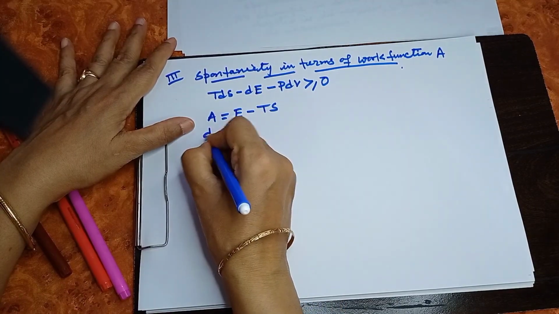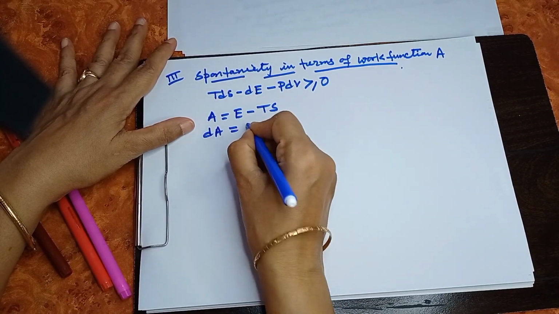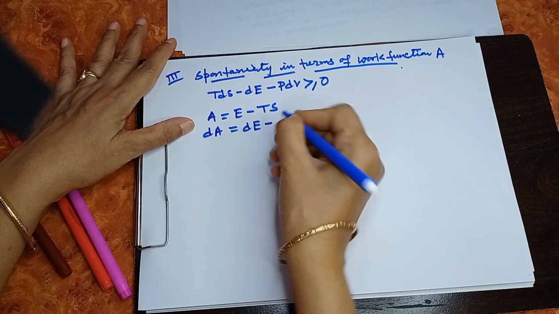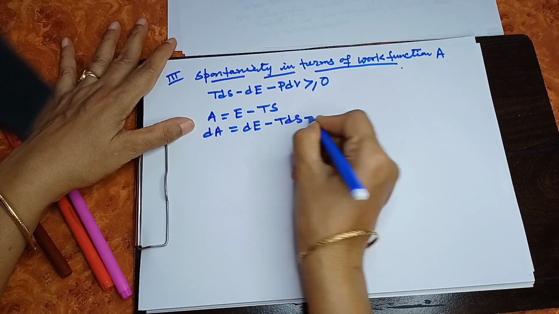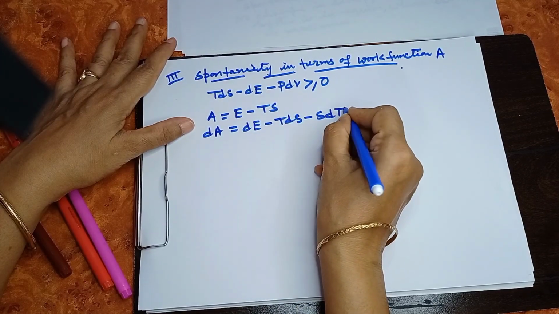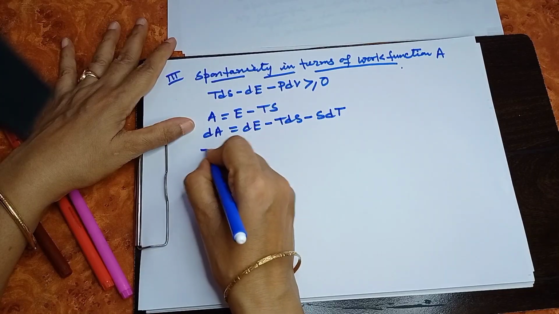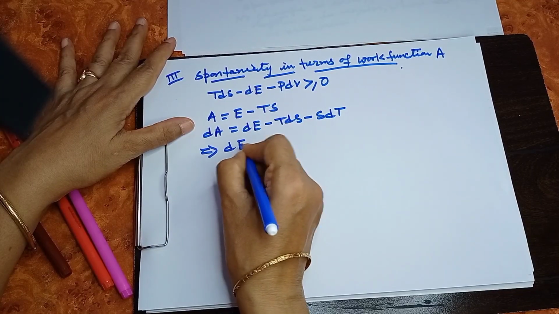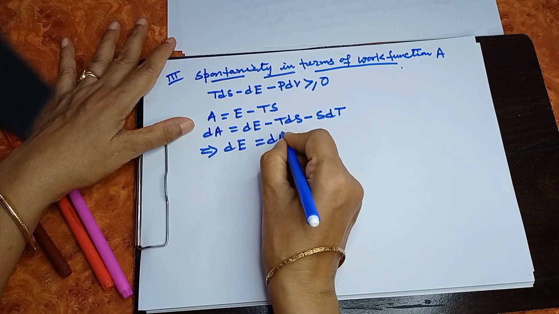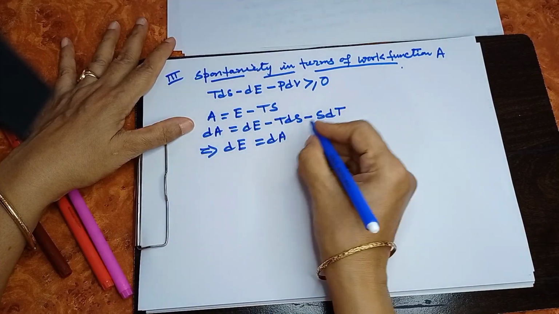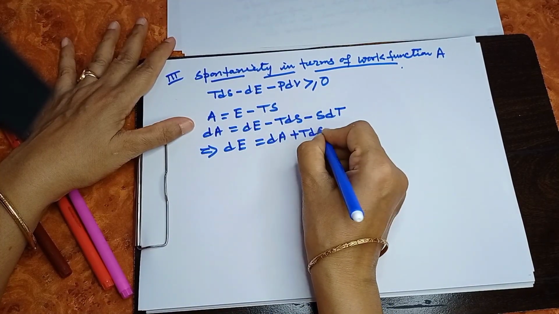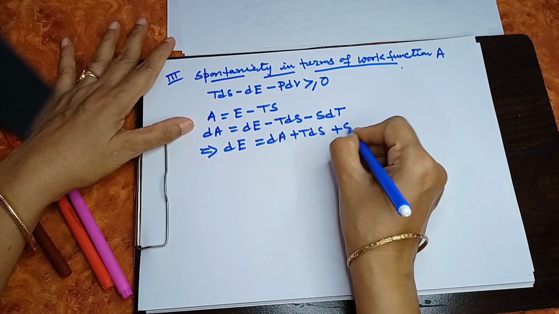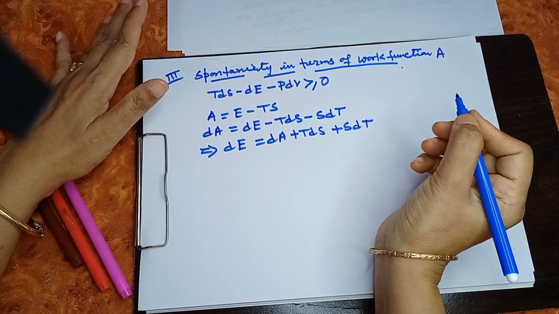Now differentiate. So, dA is equal to dE minus TdS minus SdT. So from here, dE is equal to dA plus TdS plus SdT.